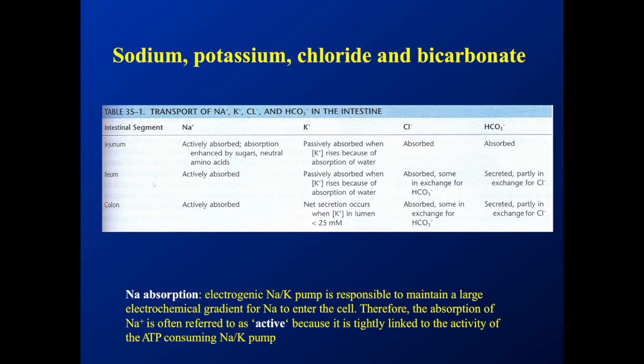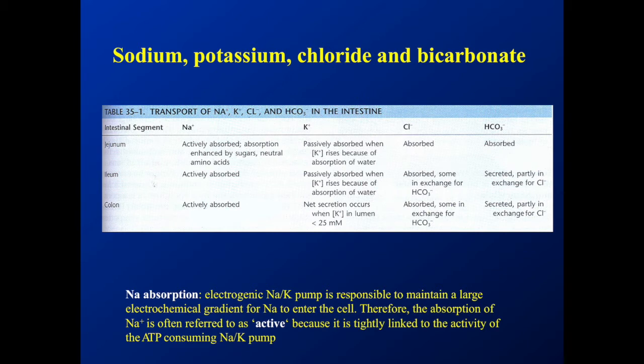So this table shows you how sodium, potassium, chloride and bicarbonate are absorbed, and the mechanisms by how it happens. I want to make a point about the sodium absorption. It says actively absorbed.